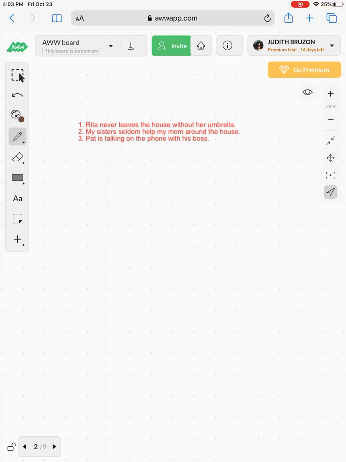Yes, the best way is by looking at the verb. And which word is the verb? Yes, the action words are usually often the verbs in the sentence. Sometimes we have linking verbs too, but we're concentrating on action verbs, right?